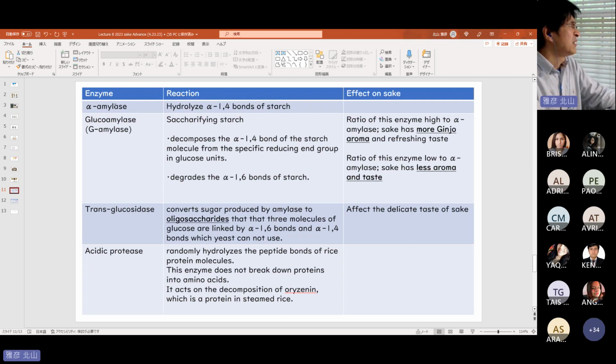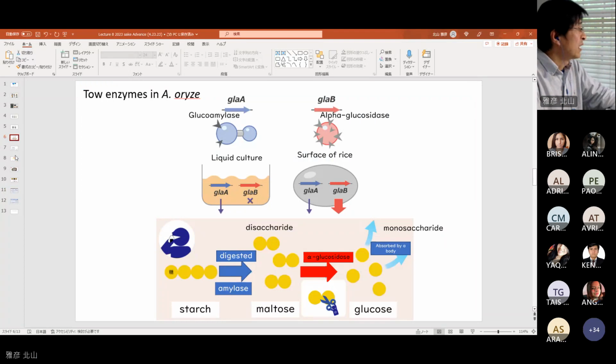You may remember we have at least two enzymes for glucosidation. This is alpha amylase. So starch will be degraded to maltose. This is an enzyme called alpha amylase.